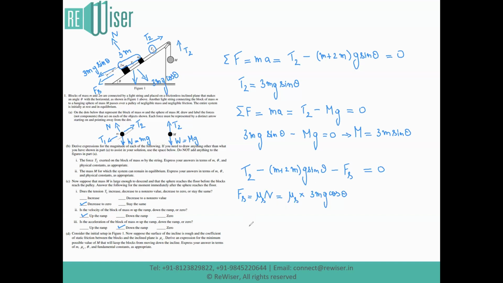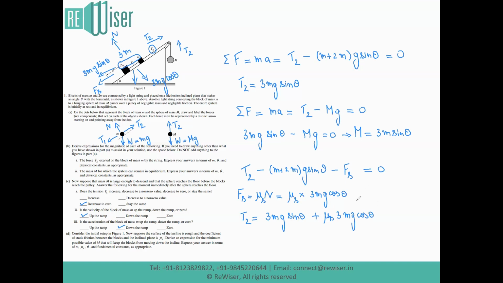With these substitutions, our final equation for tension T2 becomes equal to 3m times g times sine of theta plus mu s times 3 times m times g times cosine of theta.